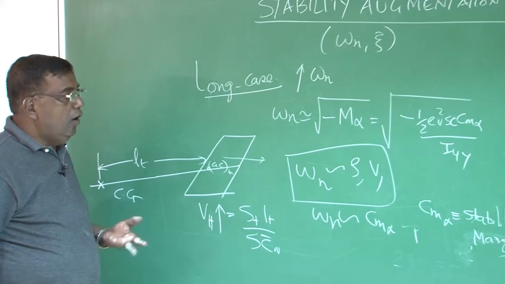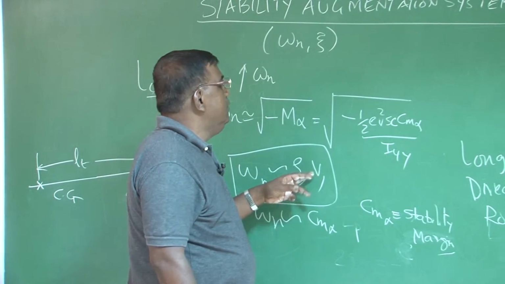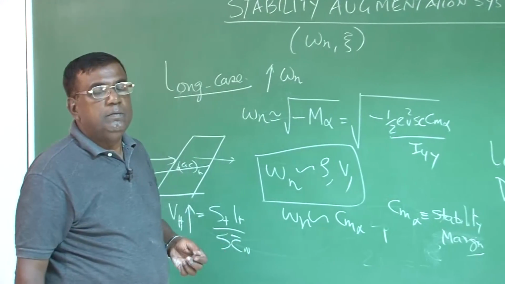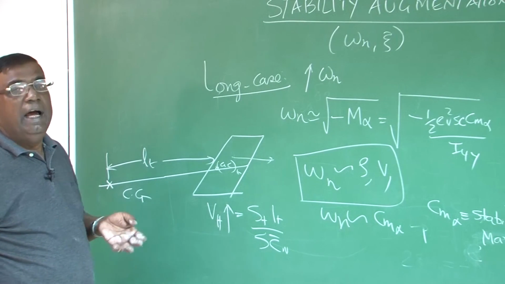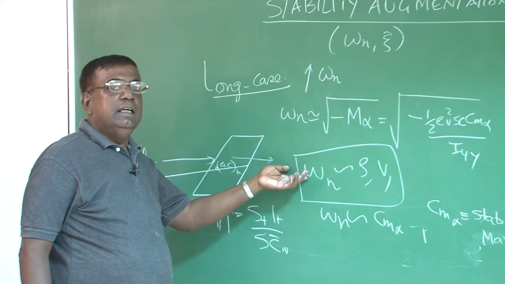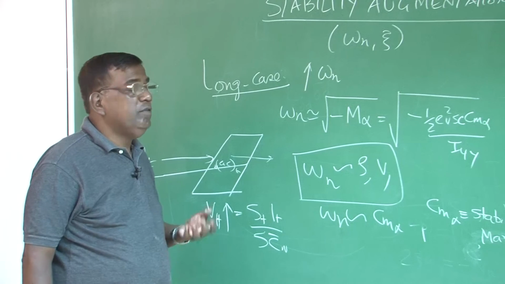However, as you see, omega n changes with density and with V. So you may not be very happy with the initial design, whatever it is. You may want to change the value of omega n online, depending upon the density of air, at what altitude and what speed you are flying.